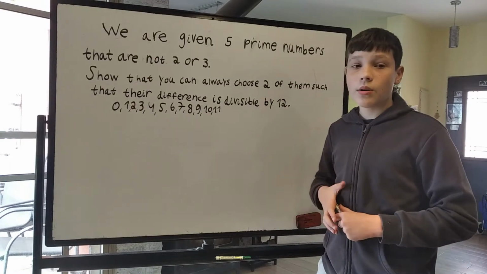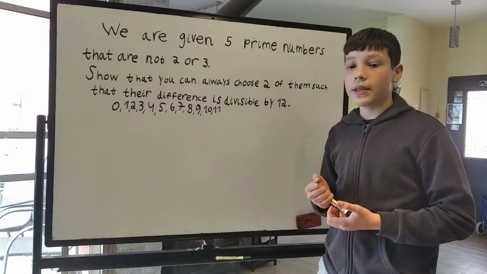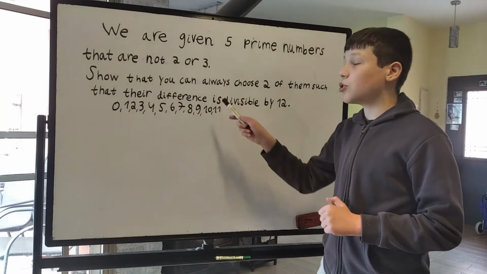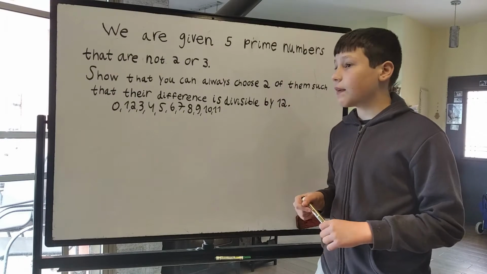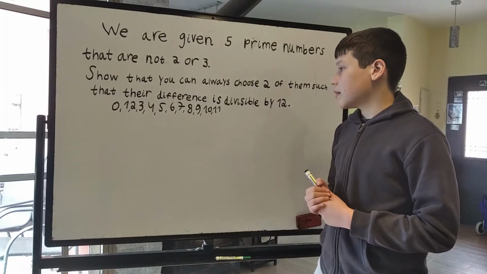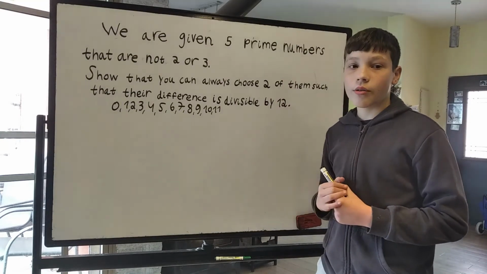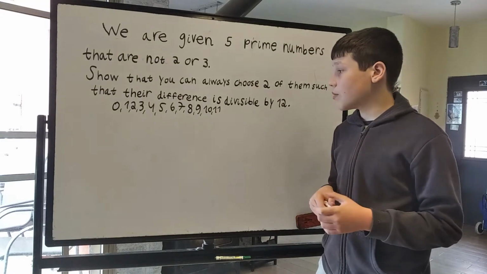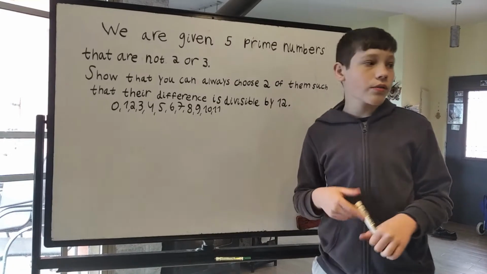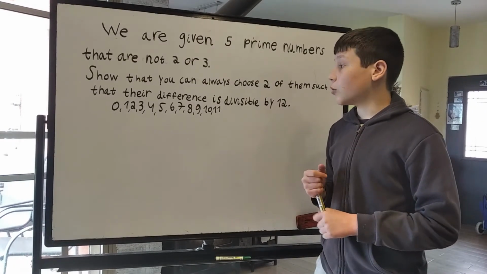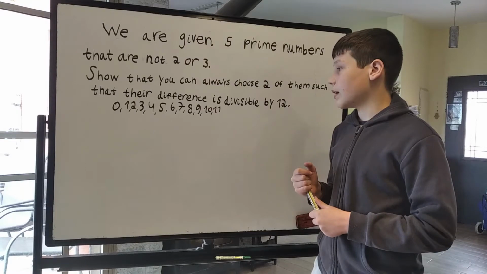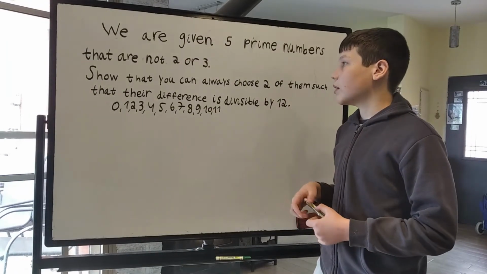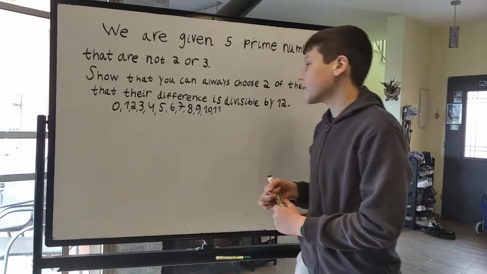And next, because they're prime numbers, they can only be divided by 1 or themselves. Meaning that if they're not 2 or 3, they cannot be divided by 2 or 3. So because 12 is divisible by 2 and by 3, we can rule out all of the congruences which are divisible by 2 or 3, because they'll give us that a prime number is divisible by 2 or 3, and that prime is not 2 or 3.